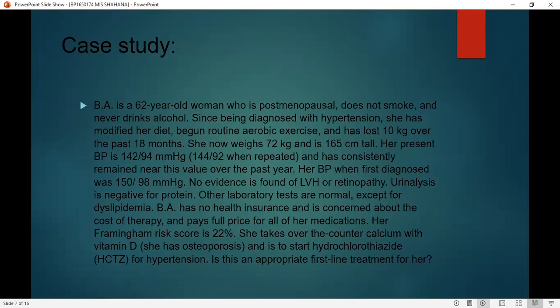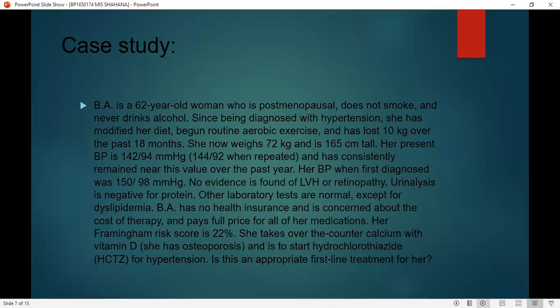Now, the case study. BA is a 62 year old woman who is postmenopausal. She does not smoke and never drinks alcohol. Since being diagnosed with hypertension, she has modified her diet, begun routine aerobic exercises, and lost about 10 kg over the past 18 months.